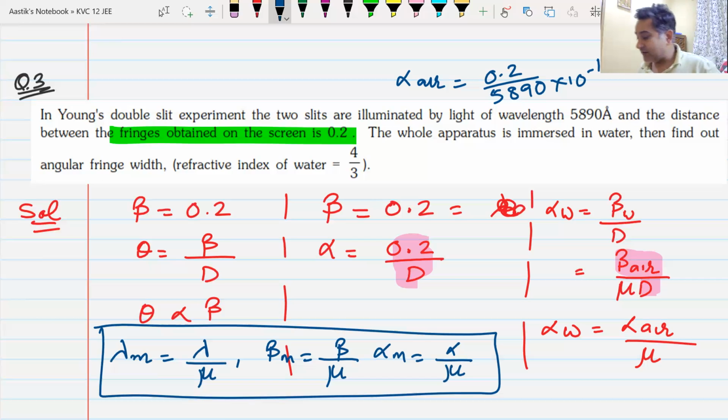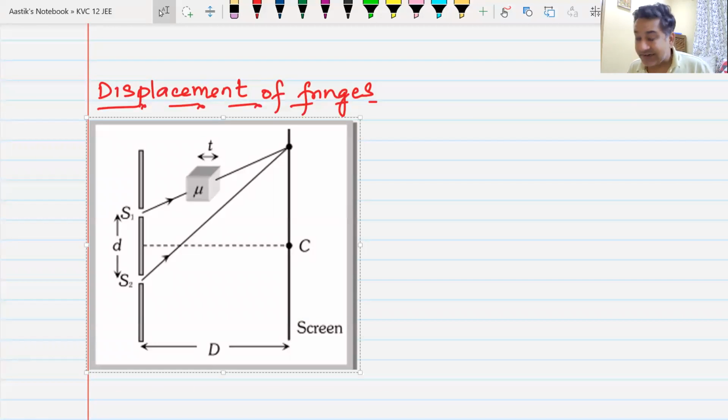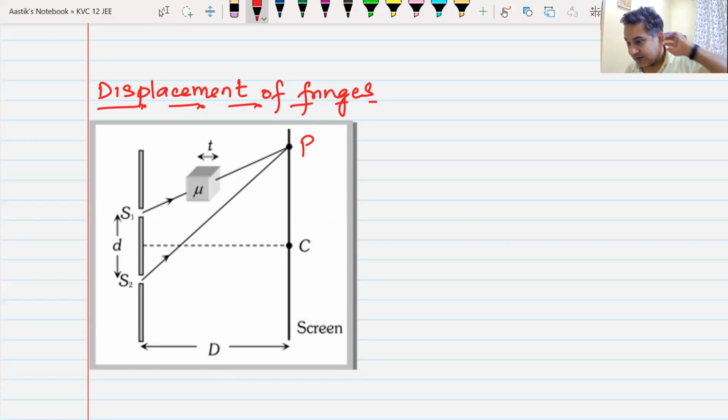Then comes the last part, which is displacement of fringes. What do you mean by displacement of fringes? Up till now, you had two slits, and waves were interfering from those two slits at this point P. Now, you can cover one of the slits. The way this question is asked, one of the slits is covered with a glass slab.